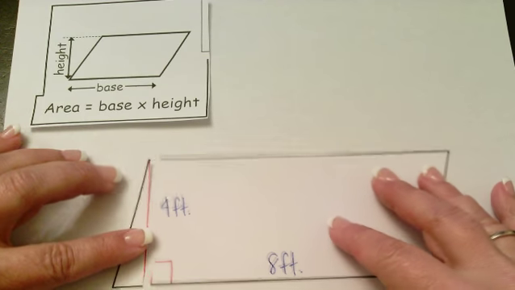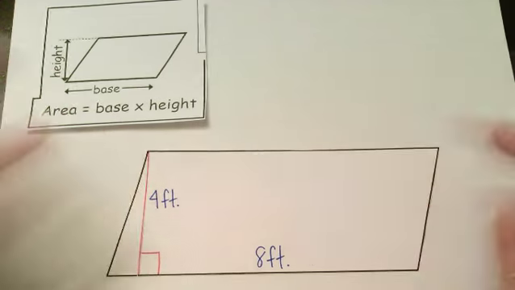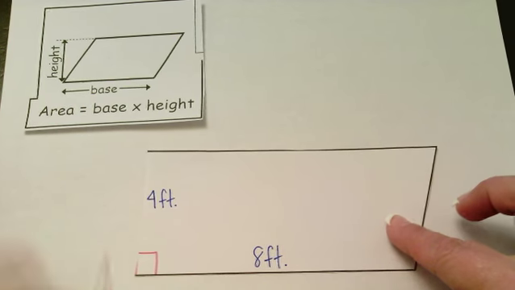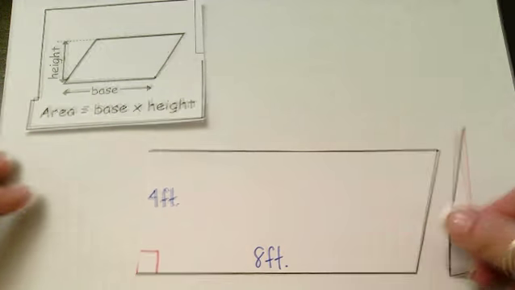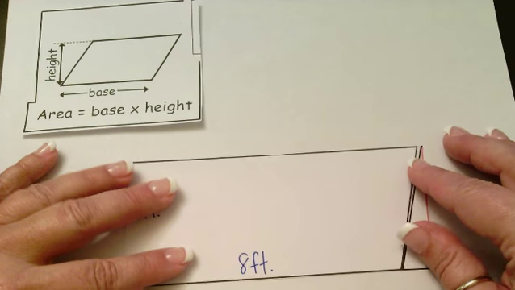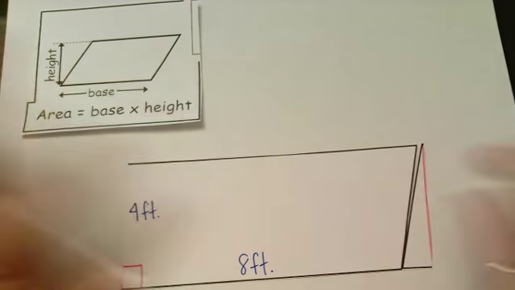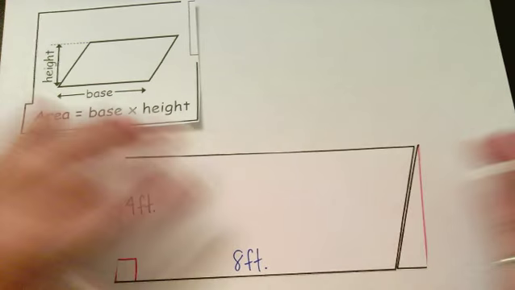Okay, so now this is how our shape started originally, looking like that. But I can take this little piece and I can slide it over here to the end. And now you can see, instead of a parallelogram, we have a rectangle that we just created.